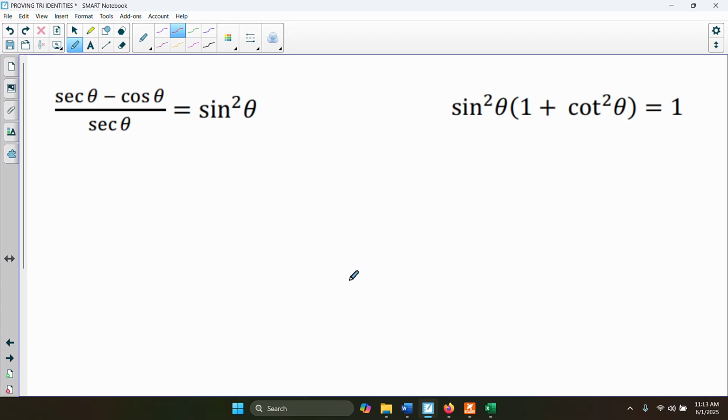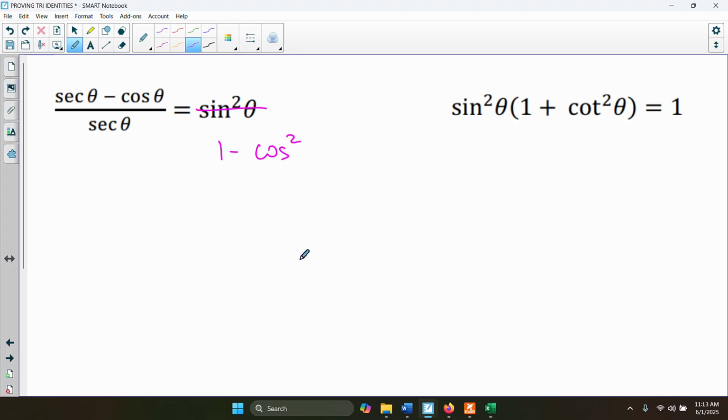At this point I am going to be demonstrating techniques. Nothing's really obvious immediately. Here, the obvious thing is to convert the sine squared into 1 minus cosine squared.